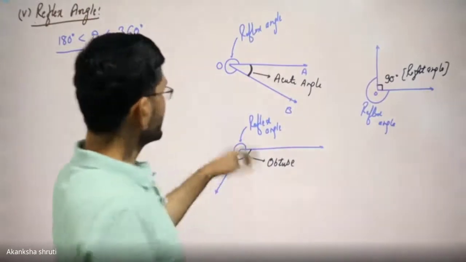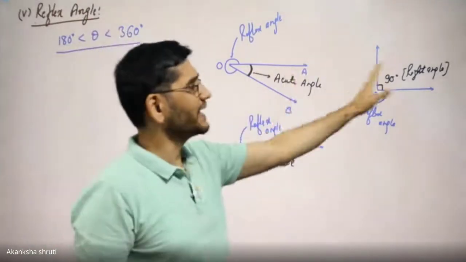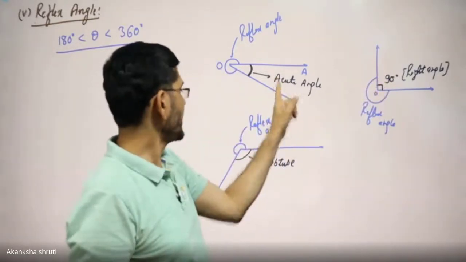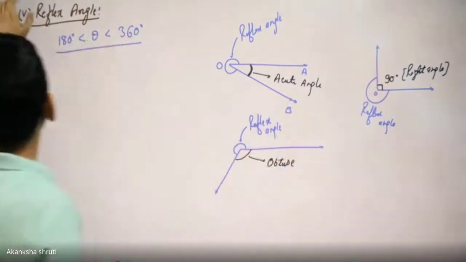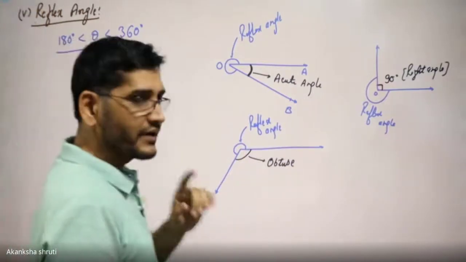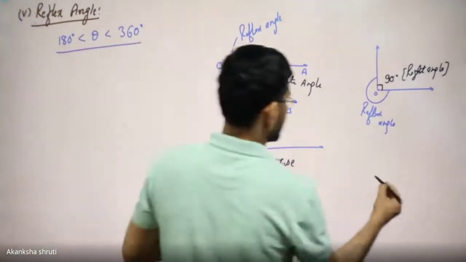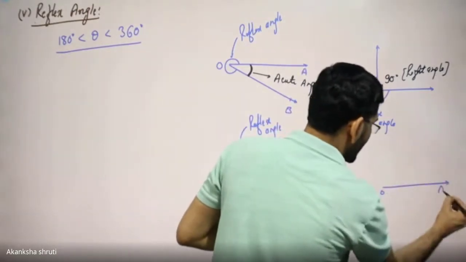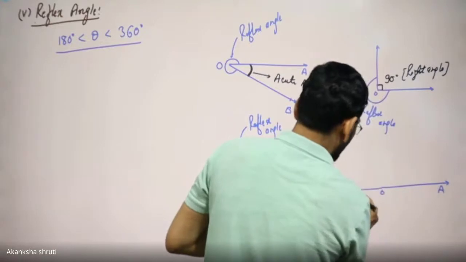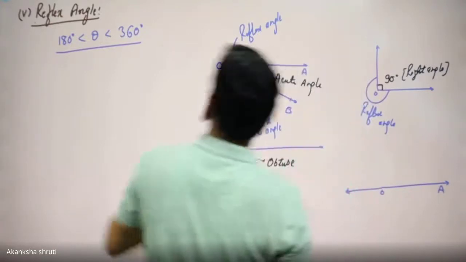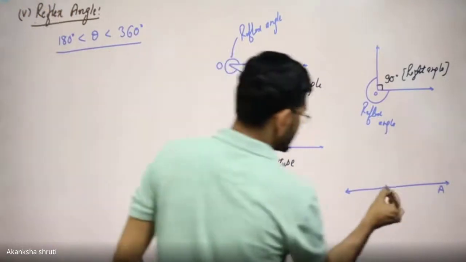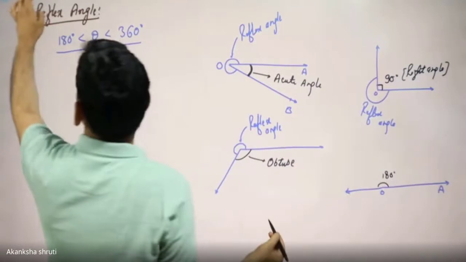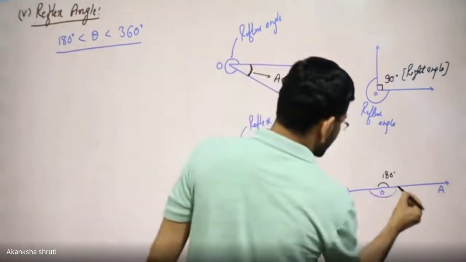So this way, a reflex angle can exist for any angle, say for a right angle, acute angle, obtuse angle. It can be the reflex angle for the straight angle too. Let us see. Students, very simple thing. Consider O, A, then draw it. We are considering this angle as our 180 degrees. What will be its reflex value? This much will be the reflex value.